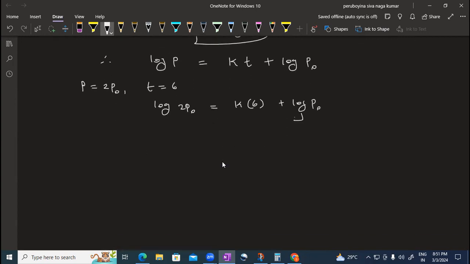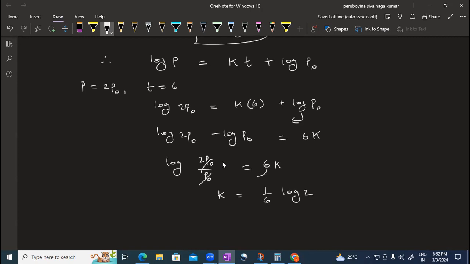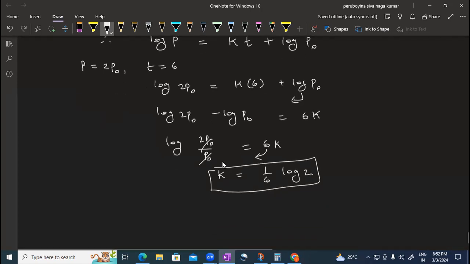Okay, now you can move this value to left side. Log 2 into P naught minus log P naught is equal to 6 into K. Log M minus log N is log of M by N. P naught cancels, so it is equal to 6 into K, and K is equal to 1 by 6 into log 2, because I moved this 6 to the other side.